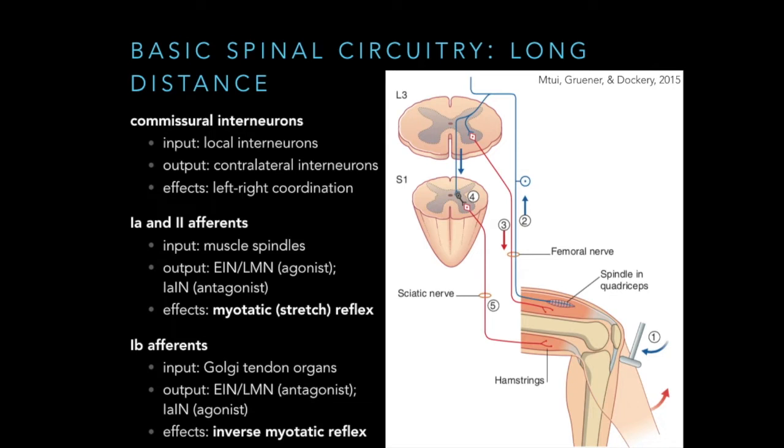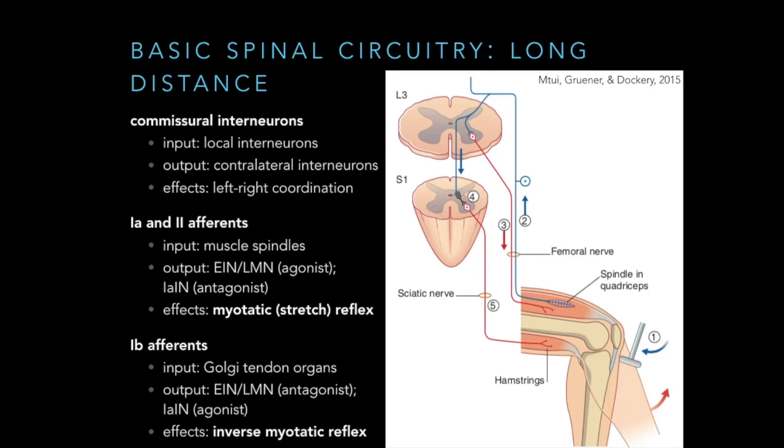These are going to feed back onto the lower motor neuron that innervates that same muscle, so the agonist lower motor neuron, and of course the excitatory interneurons as well. We feed back onto the amplifier to make sure we're going to sufficiently activate that lower motor neuron. And we will excite an inhibitory interneuron as well to make sure our antagonist muscle is inhibited.